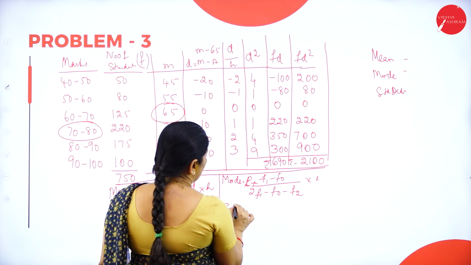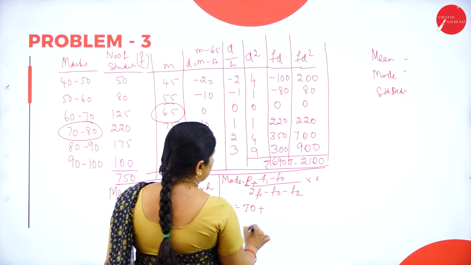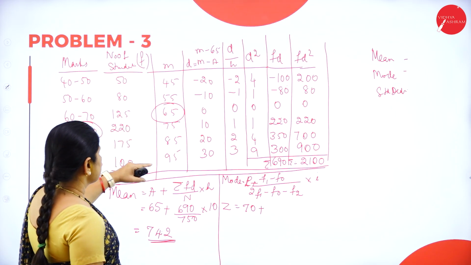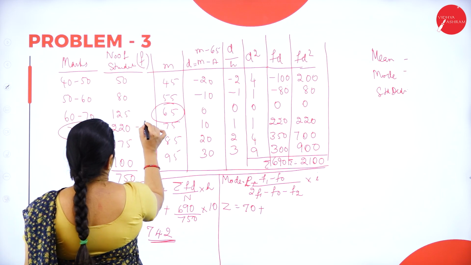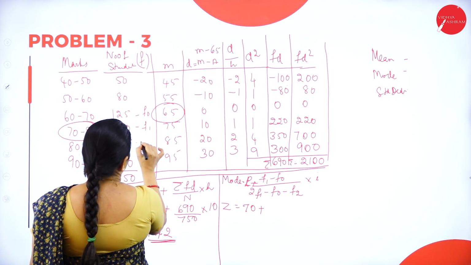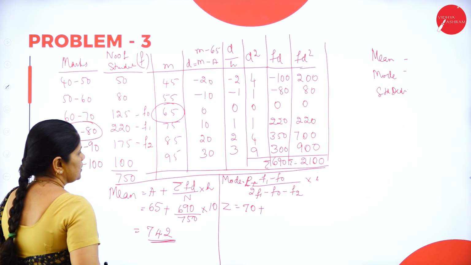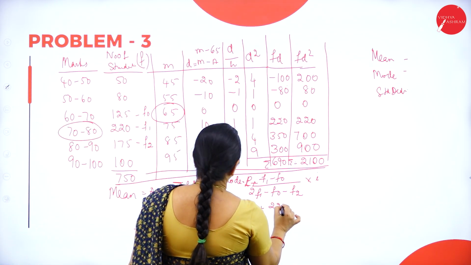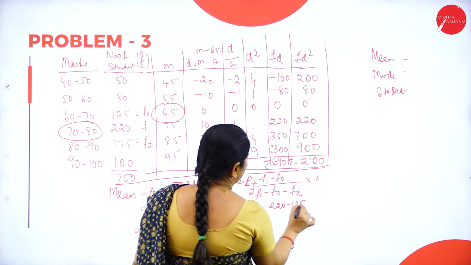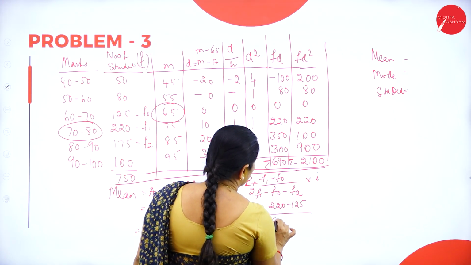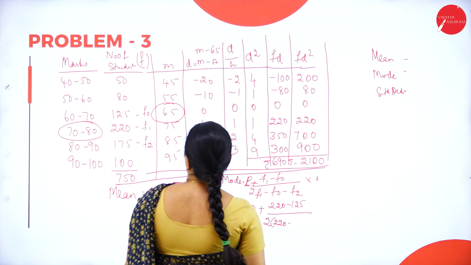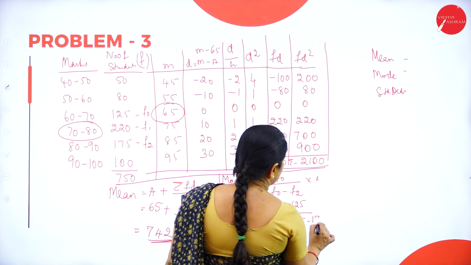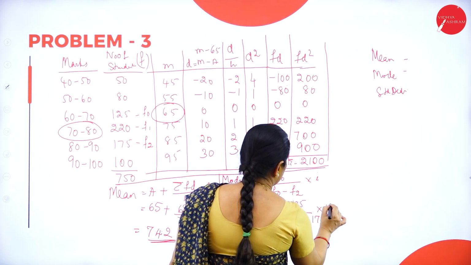So mode equals 70 plus F1 minus F0, where F1 is the frequency of the modal class, 220, F0 is 125 and F2 is 175. So 220 minus 125 divided by 2 into 220 minus 125 minus 175, into 10.